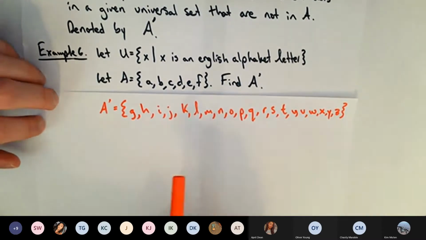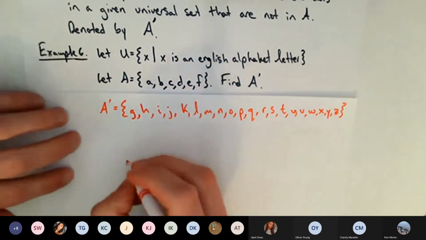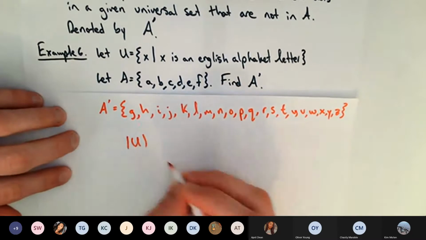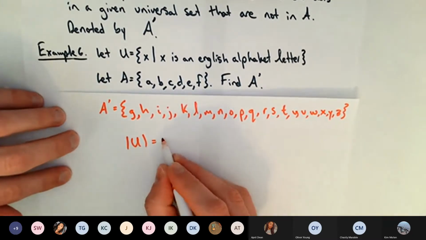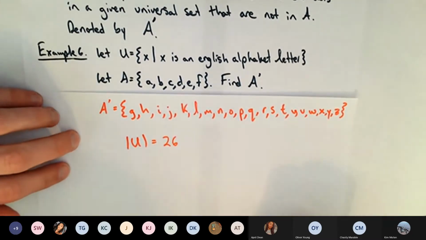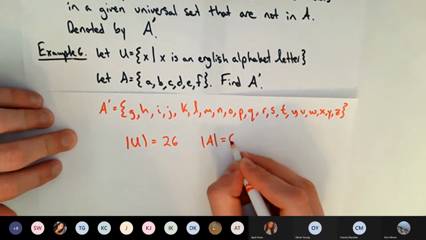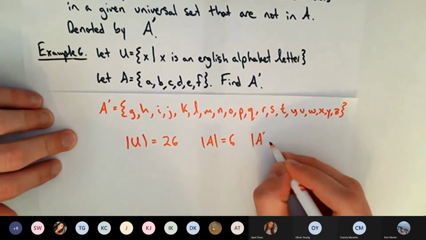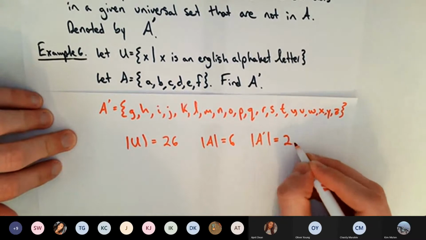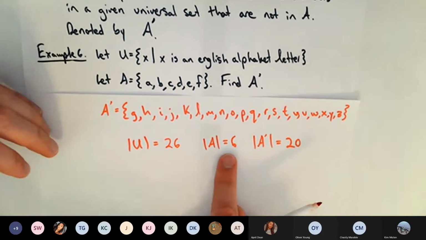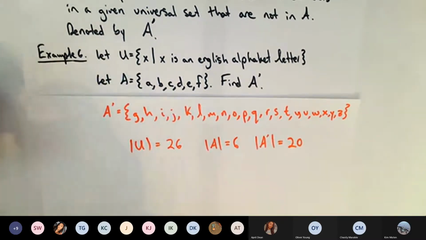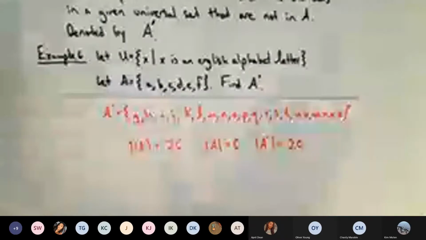So there should be 20 here because what is the cardinal number? In other words, how many elements are in the set U? There should be 26. So if the cardinal number of A is 6, then the cardinal number of A prime should be 20, so there are no shared elements between A and A prime. They're opposites of each other.